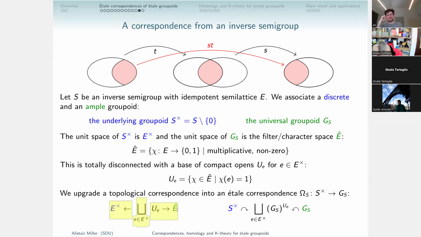Yeah. But at any rate, say you consider S-spaces where S is the semigroup, and the point that is the final object is this E hat, where E is the idempotents of the semigroup.